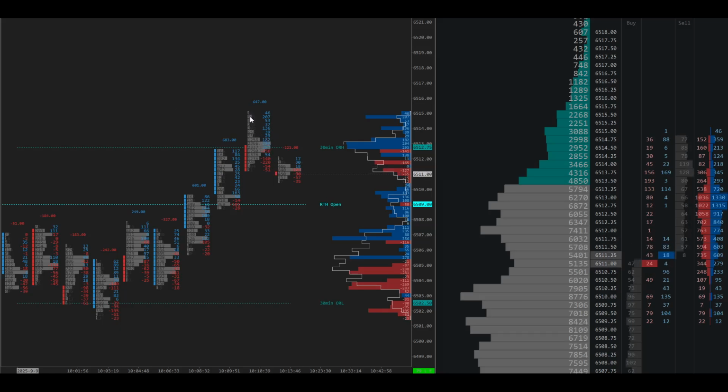And so we got this thin volume up here, and a lot of it is blue bullish deltas, which means we're going to have some trapped buyers up here. We had some weak buyers trying to chase it. Going to be some stops getting hit as well.